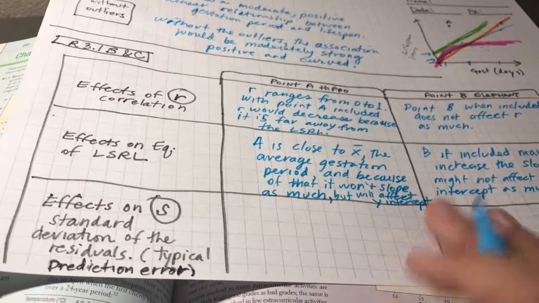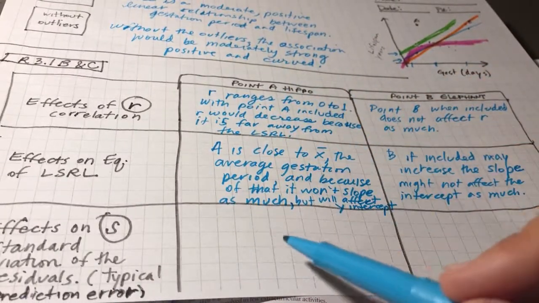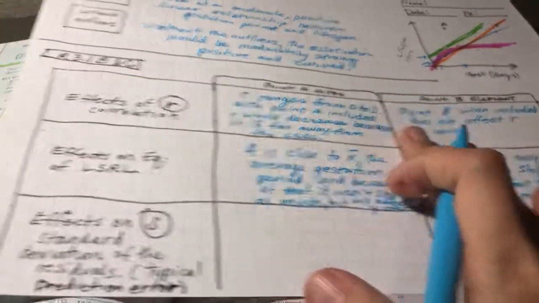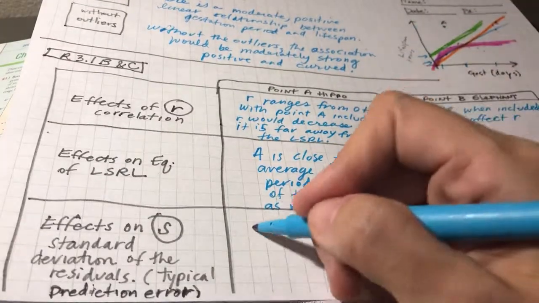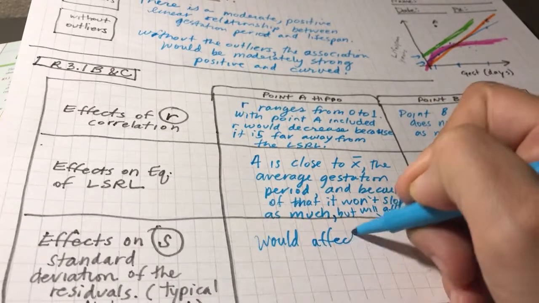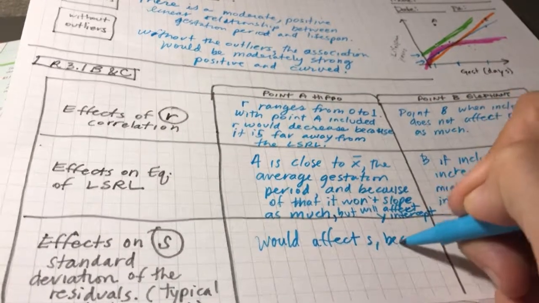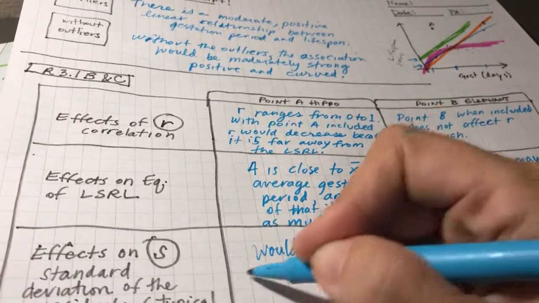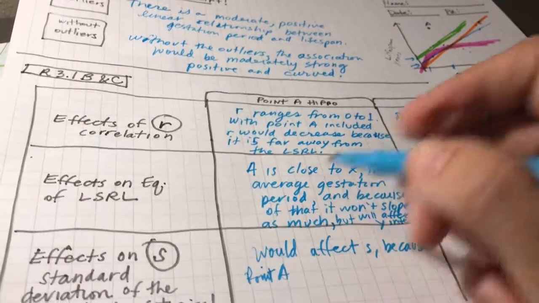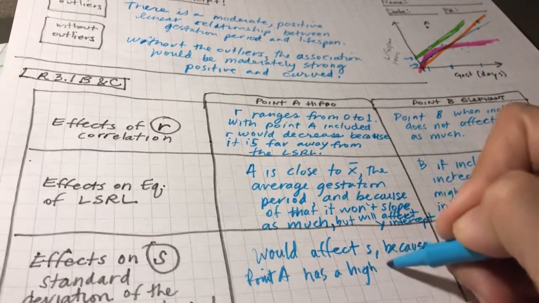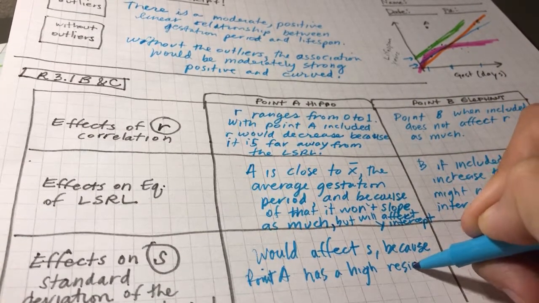So this is the standard deviation of the residuals. So kind of like we said here, when A is included, it would affect S because point A has a high residual value.